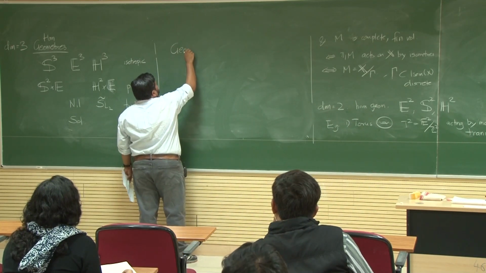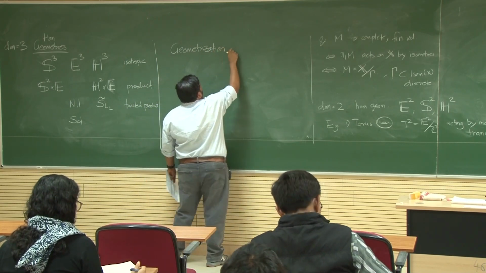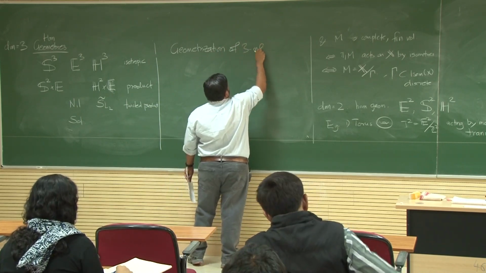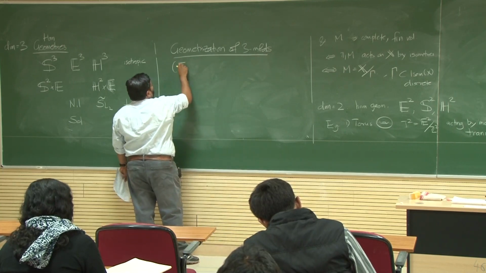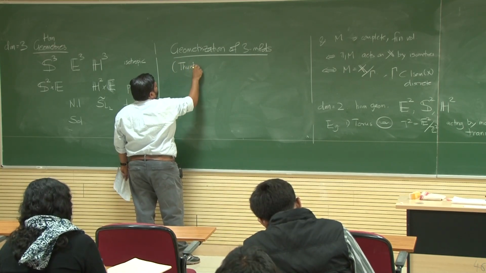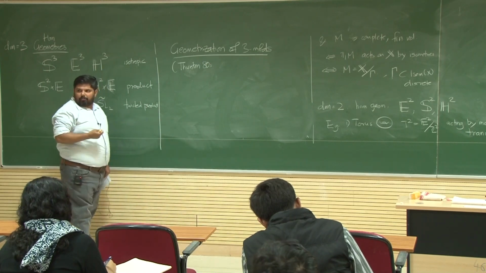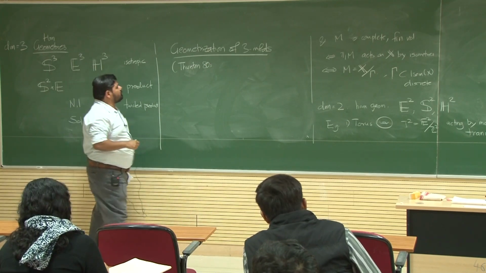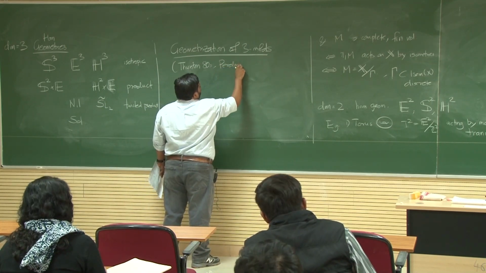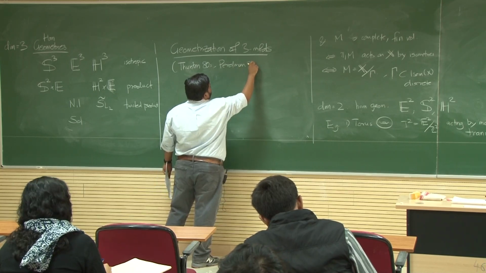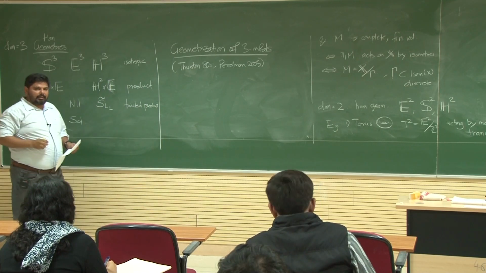So, this is the geometrization of 3 manifolds, and this is a theorem which was conjectured by Thurston in the 80s and also proved by him for a big class of manifolds called Haken manifolds, and then proved by Perelman in full generality in 2003 using the Ricci flow, and that you do not need them to be Haken.